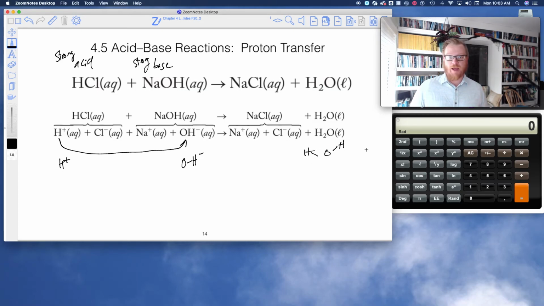And so now what's also important to note, sodium chloride is also a strong electrolyte. So that means sodium chloride also is completely ionized. So what it means when I'm writing out this full reaction, and I've broken it apart into the ions, okay?